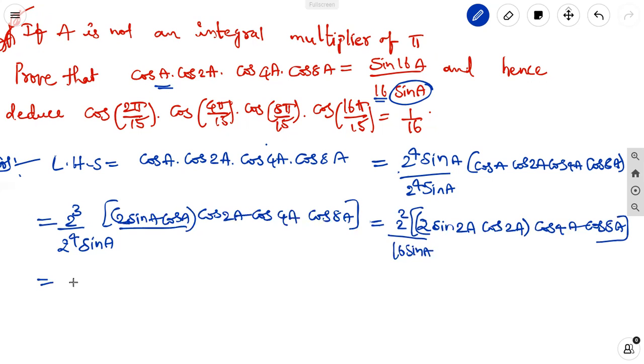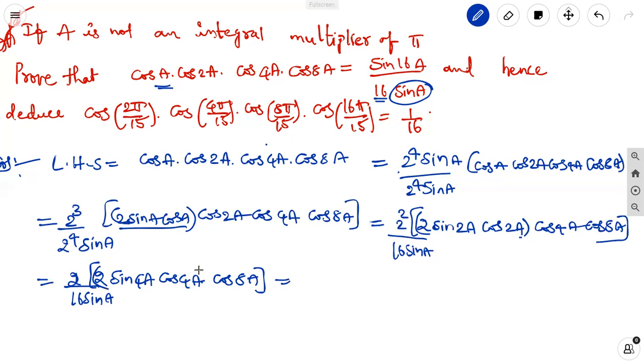Again, it can be written as 1 by 16 sin A, and this 2 sin 2A cos 2A means sin 4A. Here 2 square can be written as 2, one 2 is outside, another 2 is combined with sin 2A, and it is included with cos 4A into cos 8A.